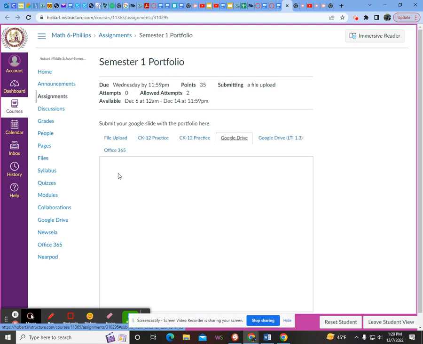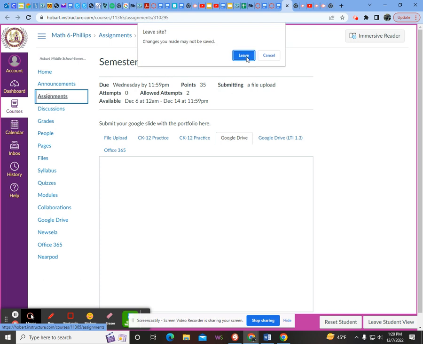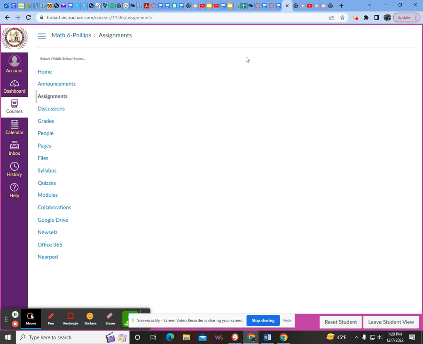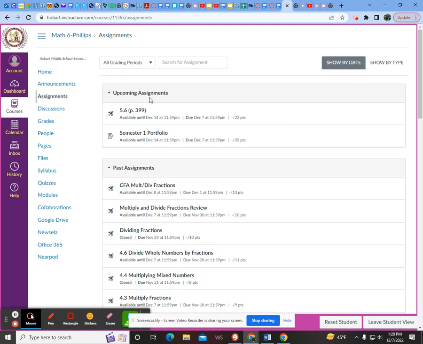You can just type in Math First Semester Portfolio and yours should pop up. Make sure it has your name. Then you click whatever it says, link or submit, and then you have to click submit again on the next page. You can also just find it in the assignment list because it's due tonight, so it's going to show up in your upcoming assignments.